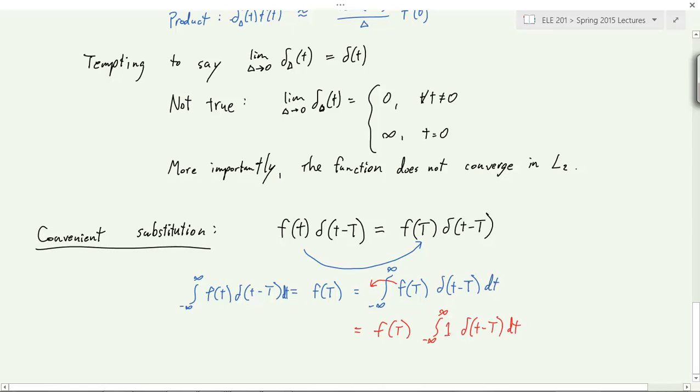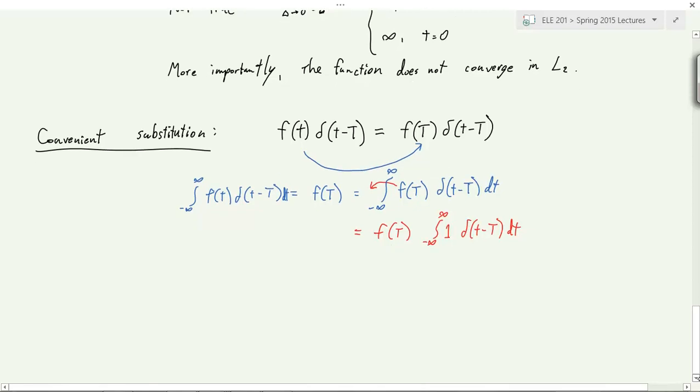Therefore, the sifting property says the integral is 1. Okay, so something to remember. Actually, I'll write that down. It's probably an important thing to remember. The delta function has integral 1.